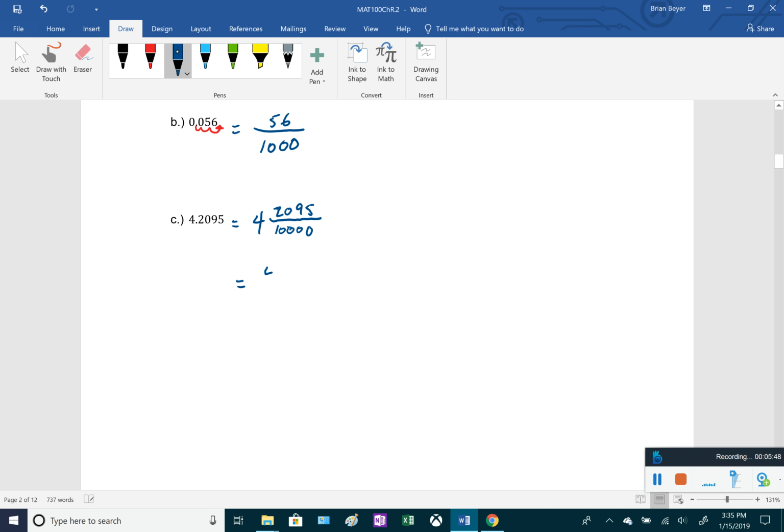We would end up getting 42,095 over 10,000. Okay, so that's that one as a mixed number and an improper fraction. And once again, we could have taken that decimal and said, well, we had to move it over 4 decimal places, so that means we had 4 zeros after the 1, meaning 10,000.